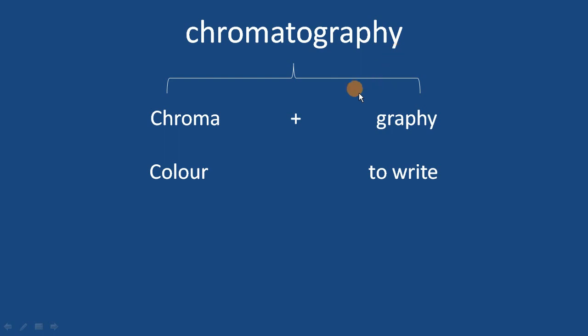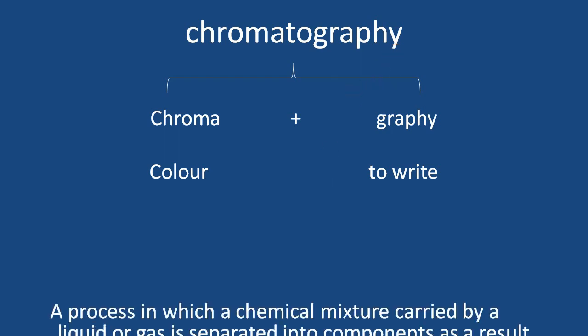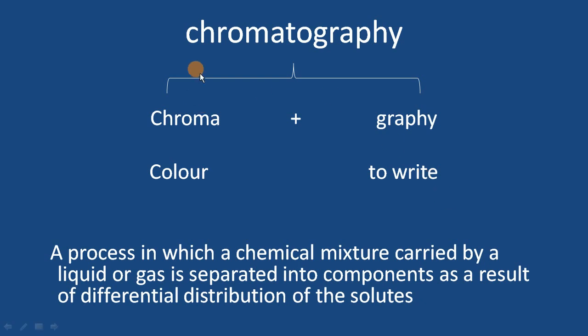Now for what do we use this technique? By using the chromatography technique, you are separating various components. How are you separating? Chromatography is the process or technique in which a chemical mixture carried by a liquid or gas is separated into components.